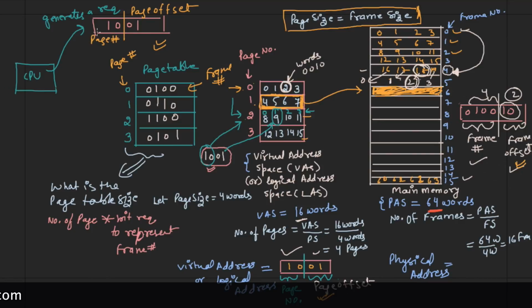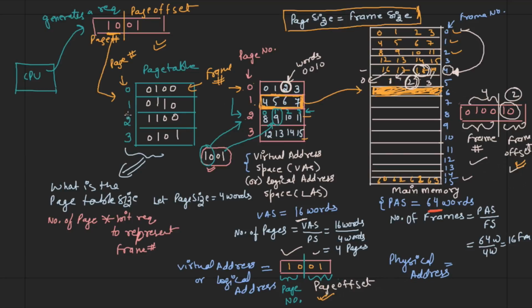By seeing this page number, the CPU will then consult the page table to know the address of the location where page number 2 is stored in the main memory. Please tell me the address of the location where page number 2 is stored in the main memory. So through the page table it will get the frame number.